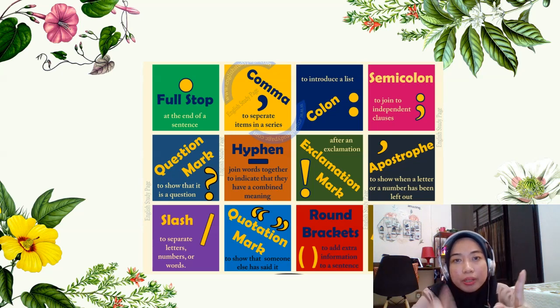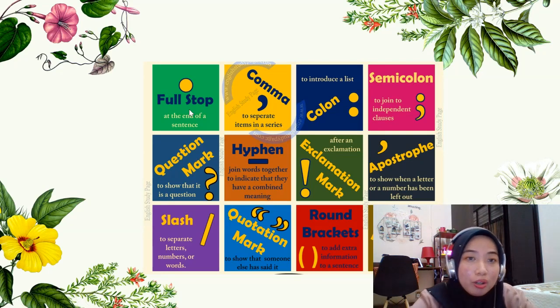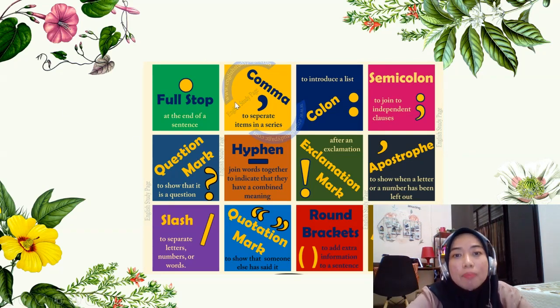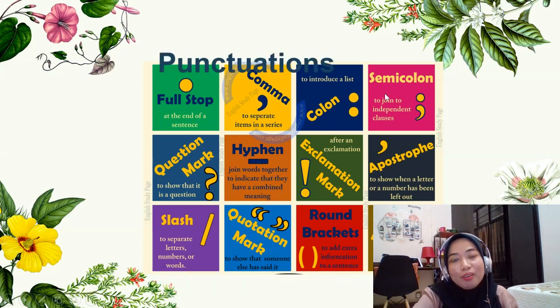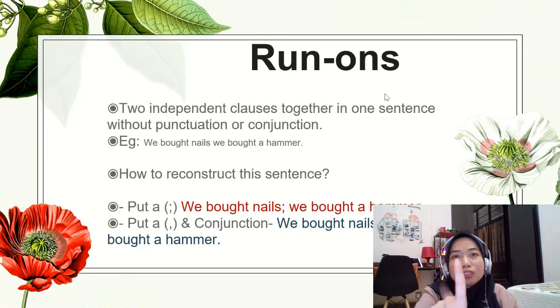Okay, but most importantly, what you have to understand if you want to deal with comma splices and also run-ons are full stop and also comma, maybe semicolon as well. All right. So first, let's take a look into run-on. Run-on is basically when two independent clauses join together in a sentence without a punctuation or conjunction.